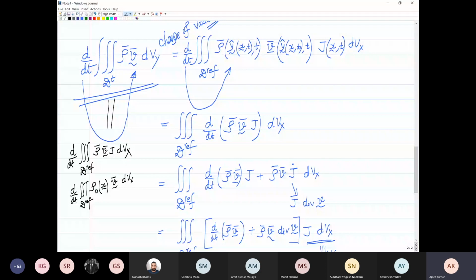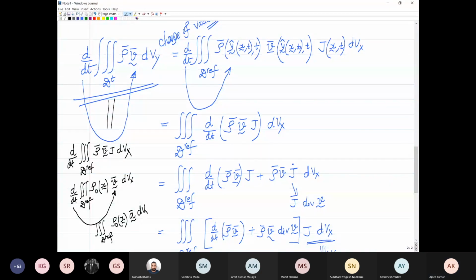Now you can see that when you bring d/dt inside, it's only going to act on the velocity, because rho naught is not a function of time. Therefore you can write this as the triple integral over the referential domain of rho naught as a function of X and d/dt of velocity. It's the material time derivative, which is going to give you acceleration, dVx.